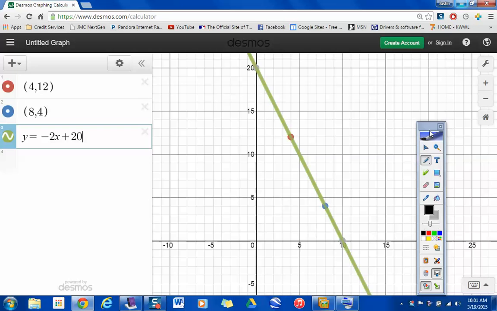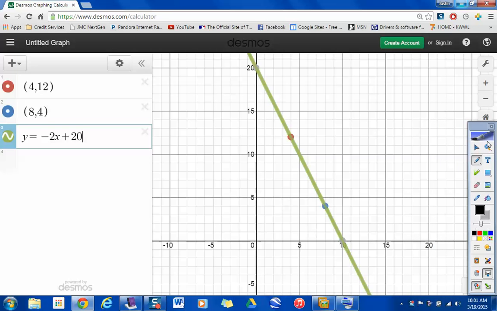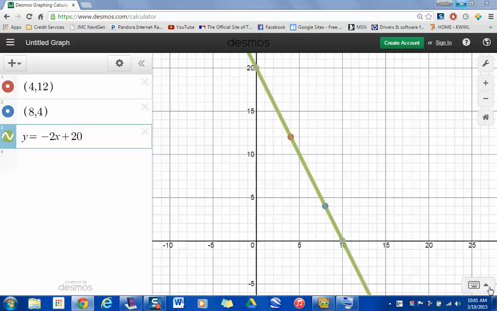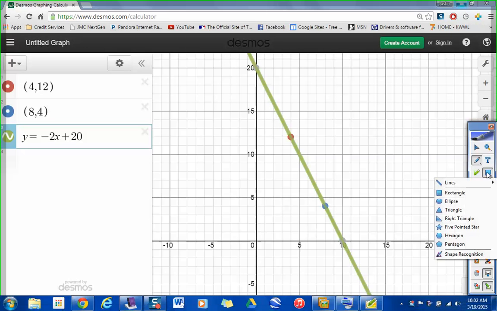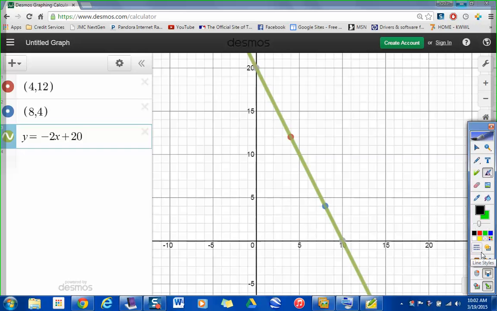I'm going to capture this page so I can write on it. Right here, kids. Watch what we did. You were first of all told what your points were, right? In which case, we went into Desmos and we plotted the 2 points right away, didn't we?